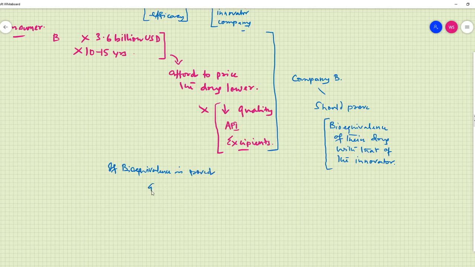then the generic drug becomes therapeutically equivalent.